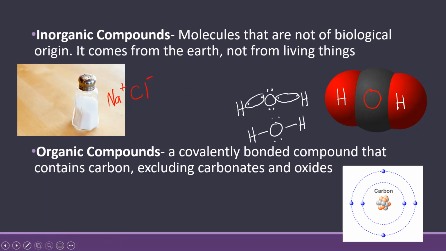Just for reference, here is the Bohr model for carbon. Carbon has 6 protons in its nucleus, and for the most common isotope, it also has 6 neutrons in its nucleus. Around the nucleus, in its electron shells, it has 2 electrons in the first shell and then 4 valence electrons, for a total of 6 electrons.